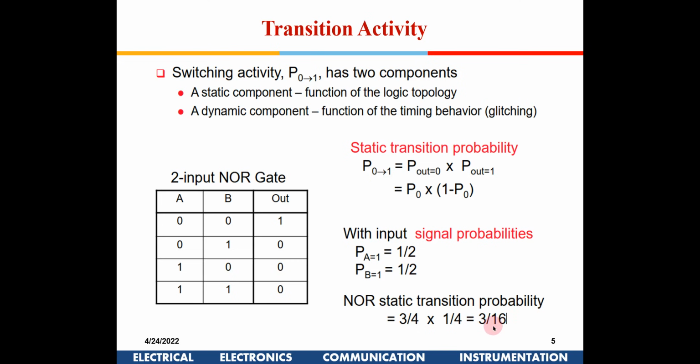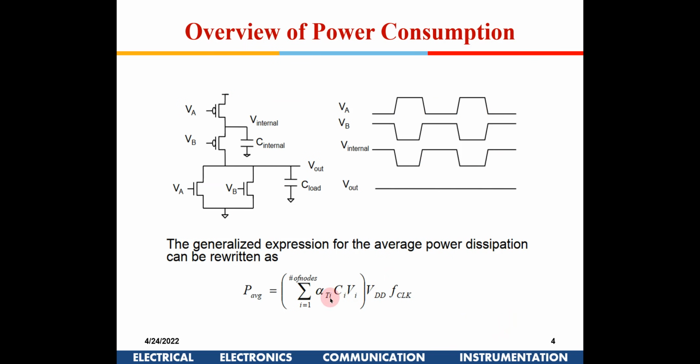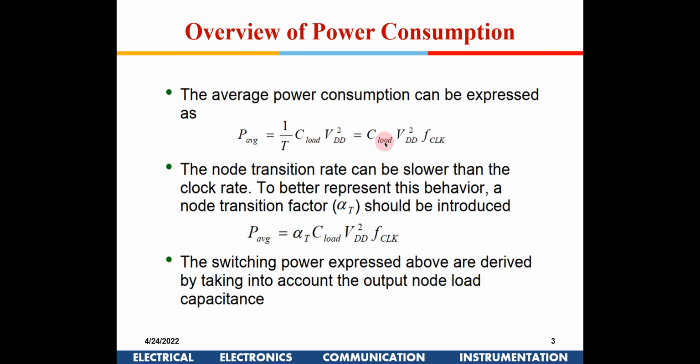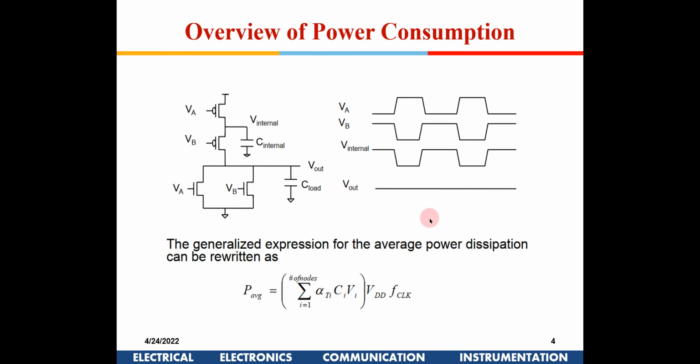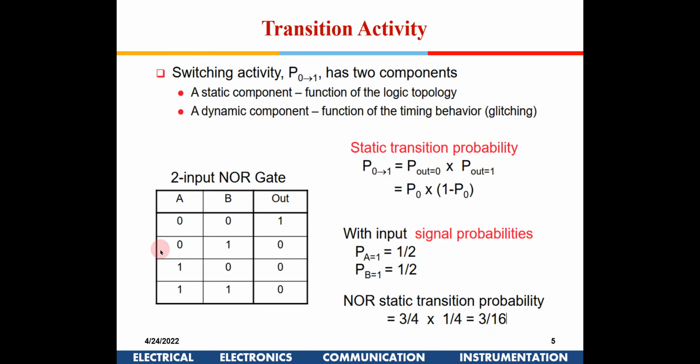Okay, so for a NOR gate, the power won't be just CL VDD square F clock. It will be CL VDD square F clock into 3 by 16. Obviously, because when the inputs are changing, only once in a while does the output change from 0 to 1, and the probability is just 3 by 16.